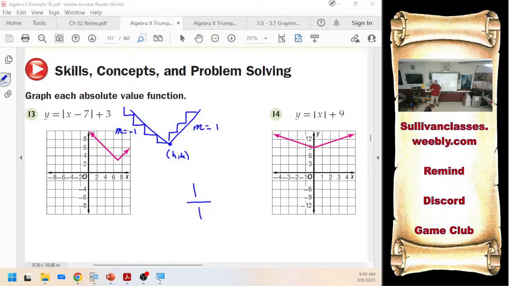We've done it enough times now. I can go up 3, right 3. Up 3, right 3. Okay? It's just the scales are different.